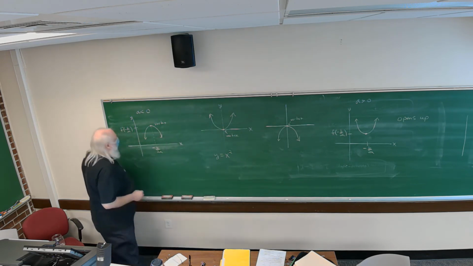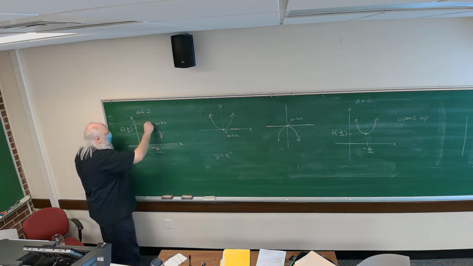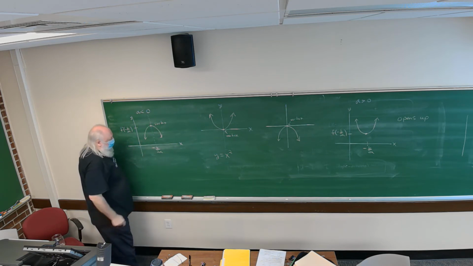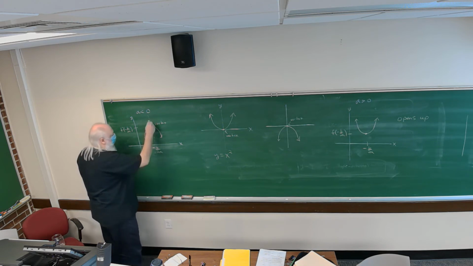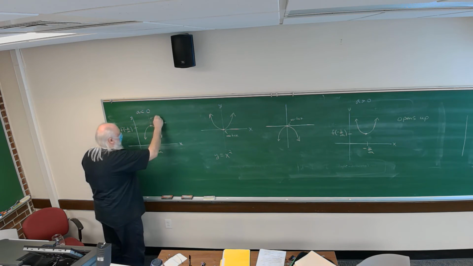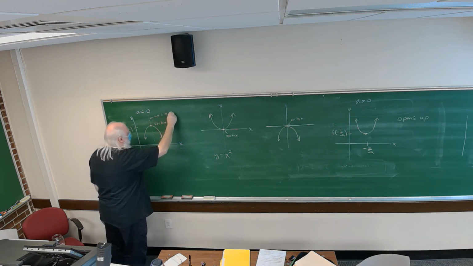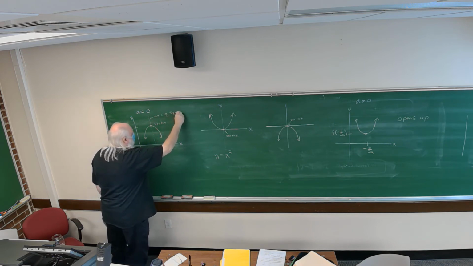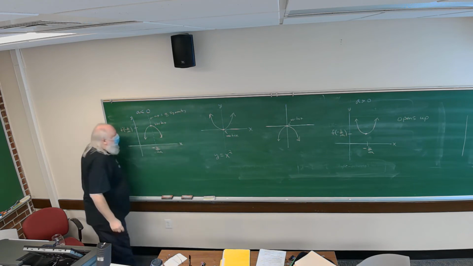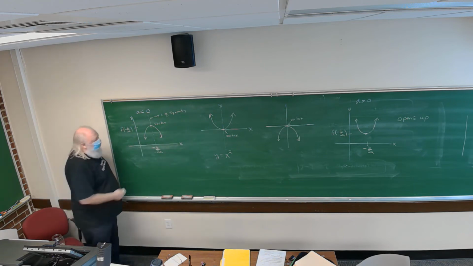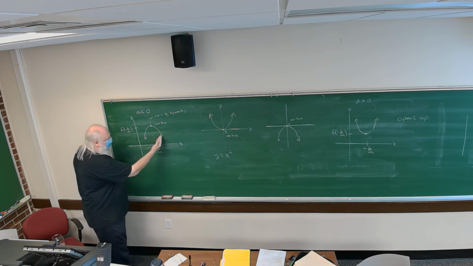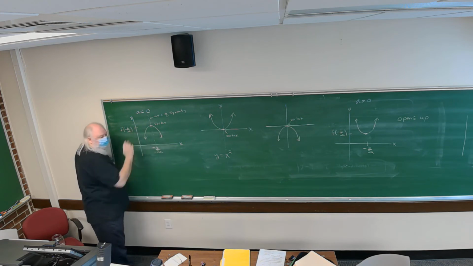Now, I will point out that the vertical line that goes through the vertex and crosses the x-axis at minus b over 2a is the axis of symmetry. And so, using graphing software, you will see that the right half of the graph to the right of this vertical line, x equals minus b over 2a, is a mirror image of the left half.